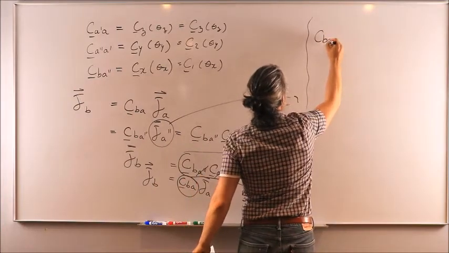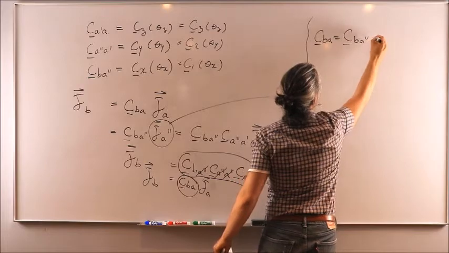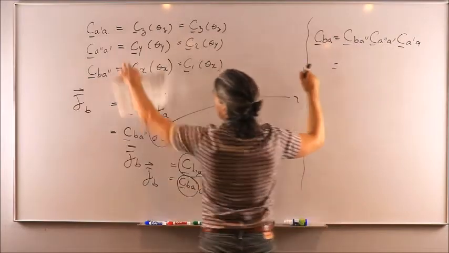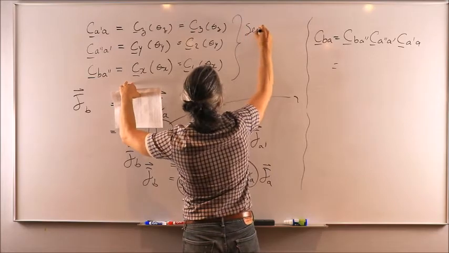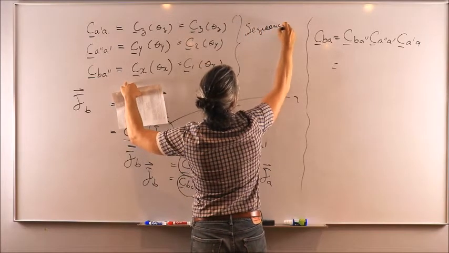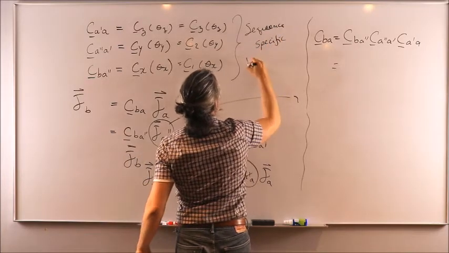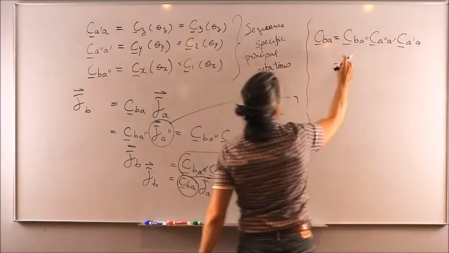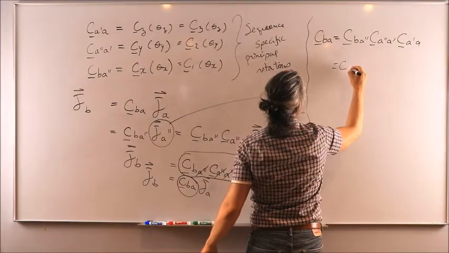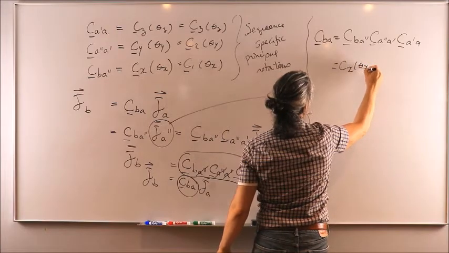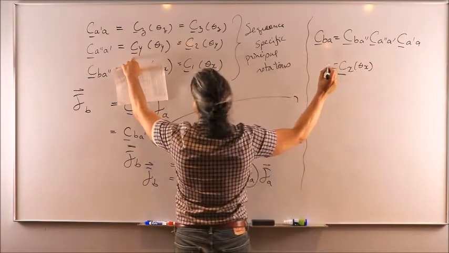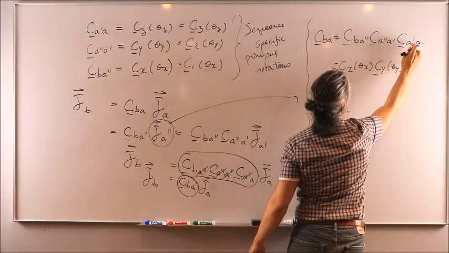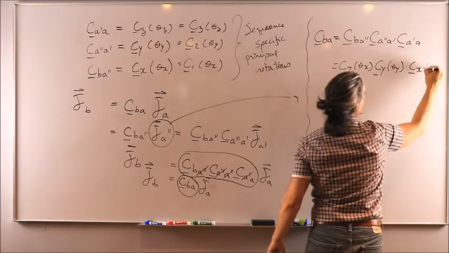So then I can say that because CBA is C B A double prime, C A double prime A prime, C A prime A, I can easily substitute these with the sequence-specific principal rotations, to write down that C B A double prime is my CX, function of theta x, times C A double prime A prime, CY, function of theta y, and finally my C A prime A was my CX, function of theta x.